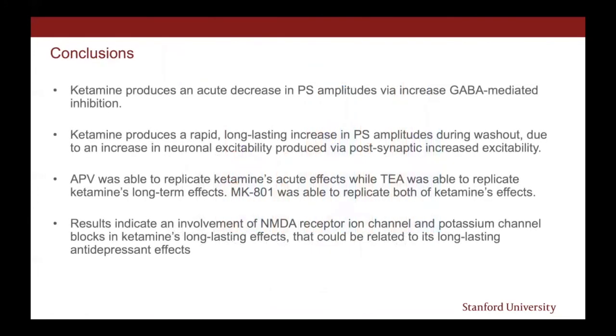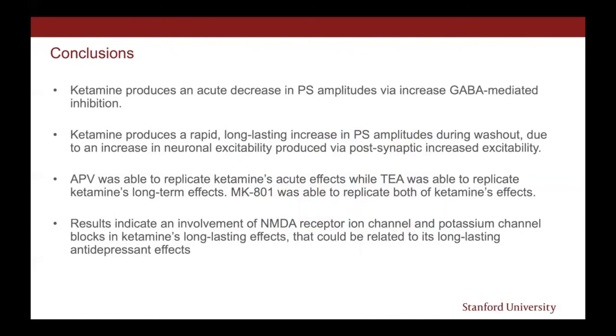In conclusion, ketamine produces an acute depression in population spike amplitudes via an increase in GABA-mediated inhibition. Ketamine also produces a long-lasting increase in population spike amplitudes during washout due to an increase in neuronal excitability produced by a postsynaptic mechanism. APV was able to replicate ketamine's acute effects, while TEA, the potassium channel blocker, was able to replicate ketamine's long-term effects.